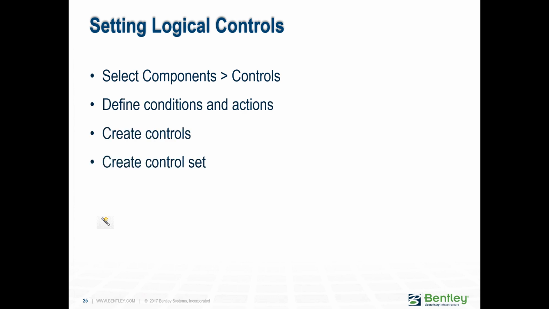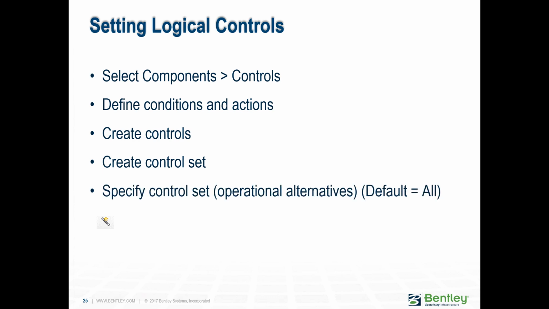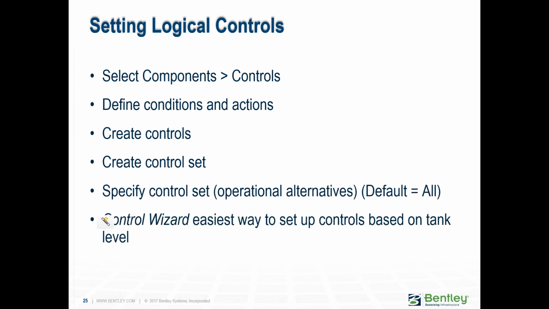Okay, so you can go to components, controls to set this up, or simply go to the pump properties, go to controls, and use the control wizard. I highly recommend it if you're using controls based on tank level.